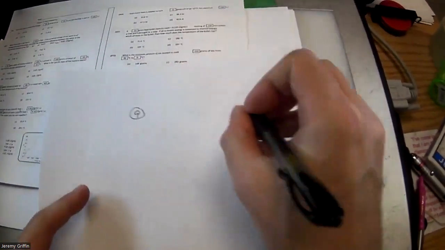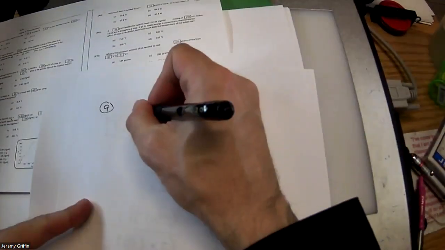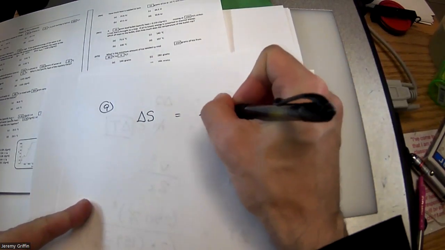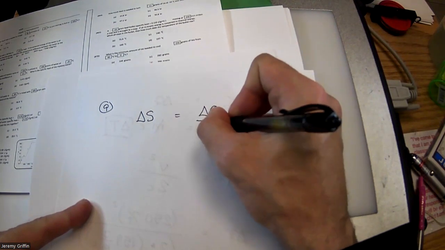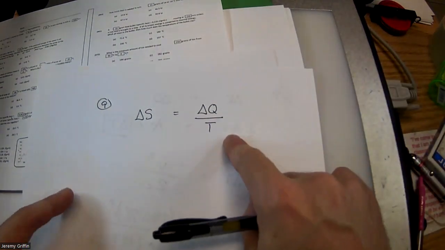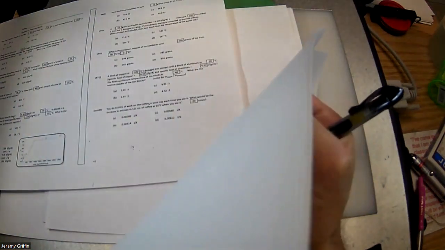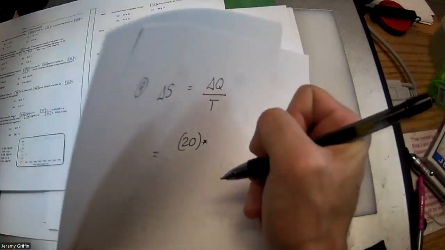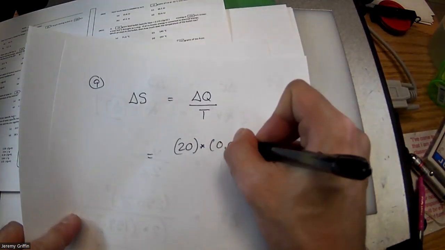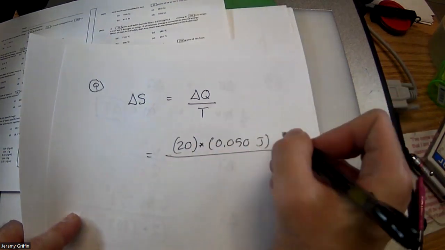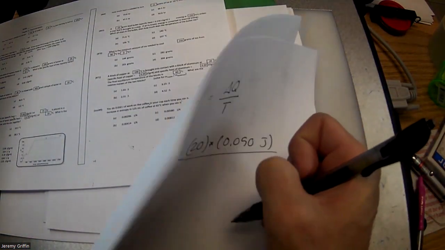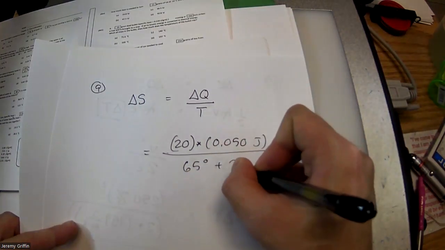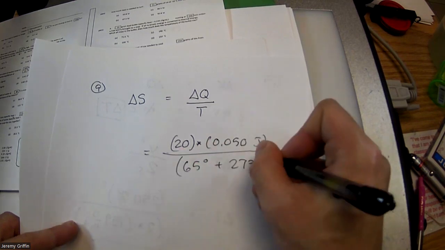The formula for increase in entropy, that's delta S, the increase in entropy, is the change in work or heat energy divided by the temperature that it happens at. And that has to be an absolute temperature in Kelvin. So we're doing 20 stirs. So I'm stirring it 20 times. Each stir, I'm doing 0.050 joules of work. And this all happens at, I know it says 65 degrees Celsius, but don't you have to add 273 because we're talking about an absolute temperature?